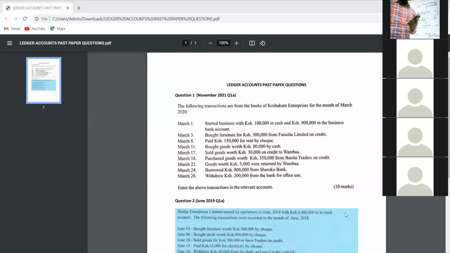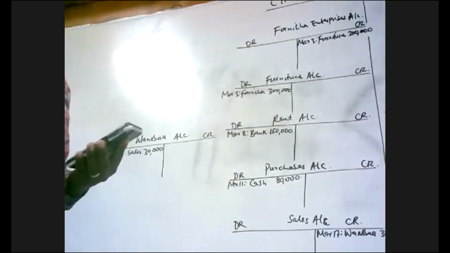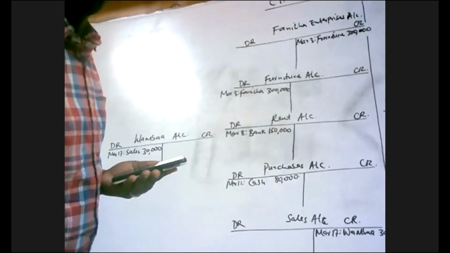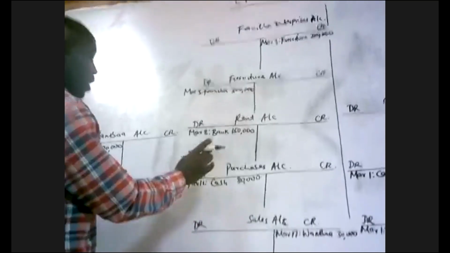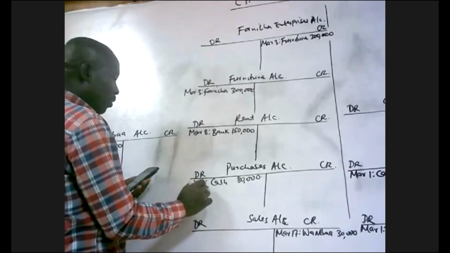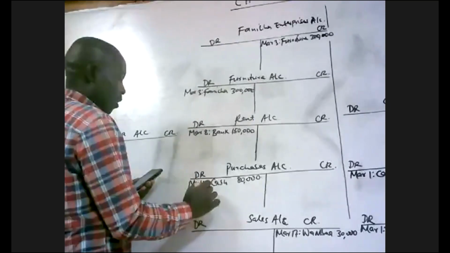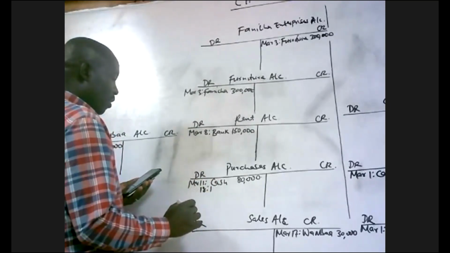On 18th, we are told purchased goods worth 350,000 from Banita Traders on credit. We purchased the goods. So already we have said when goods are bought, we debit the purchases account by 350,000.